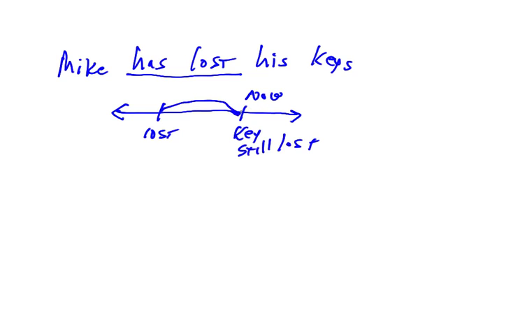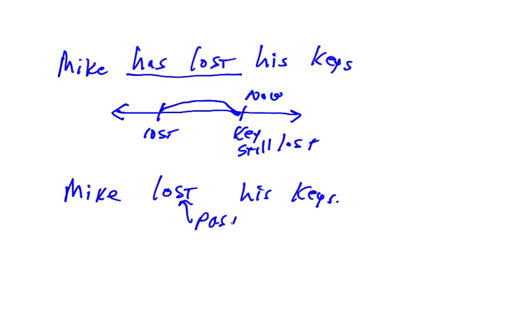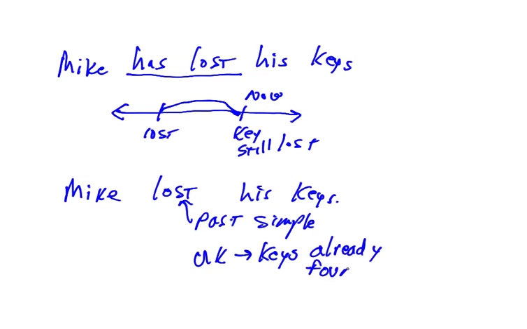Alright. In, let's say, British English, if we say Mike lost his keys, this is past simple. And so for British English, this means the keys are already found, meaning not lost anymore.